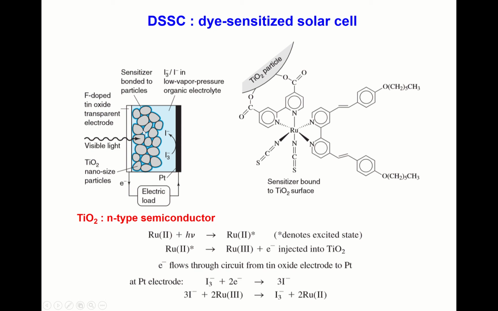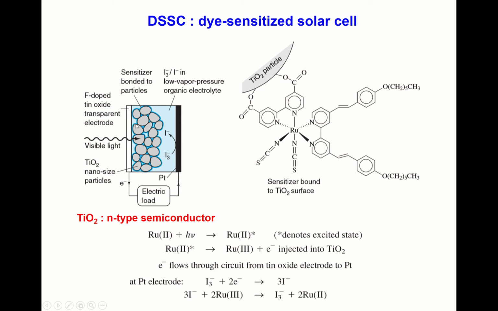Look at that. A solar cell is a kind of electrochemical cell, so it should have two electrodes. Here this is the anode, and this part is the cathode. At the anode, the oxidation reaction takes place, and at the cathode, reduction takes place.